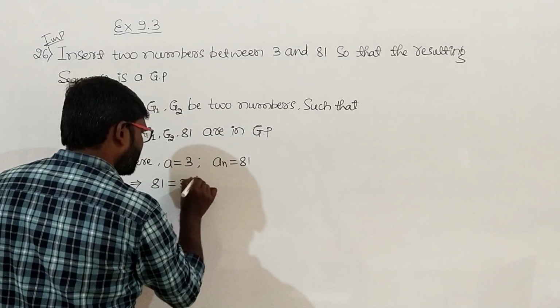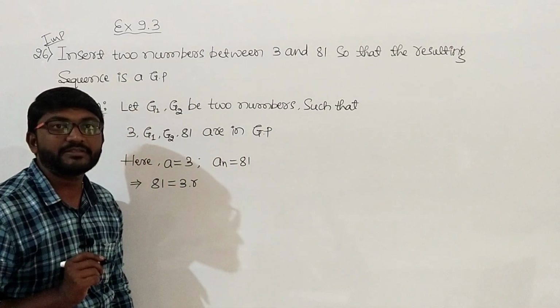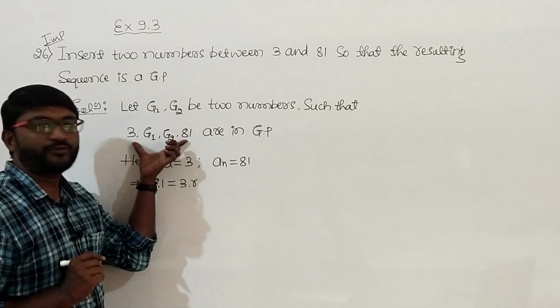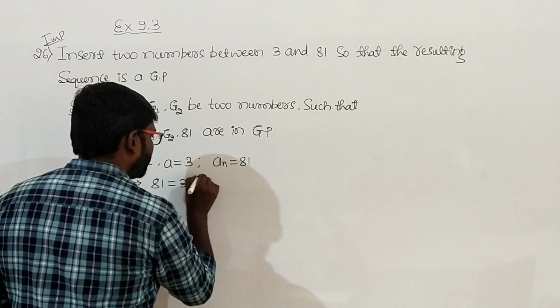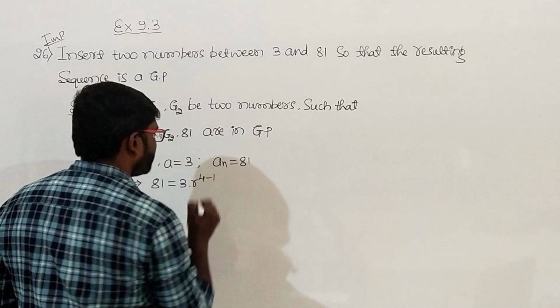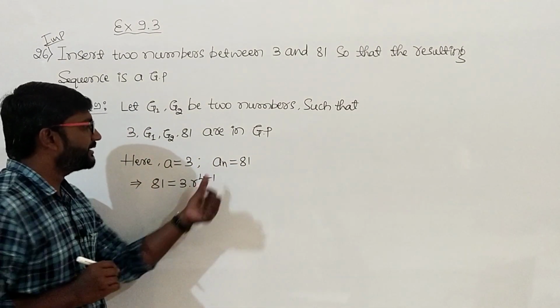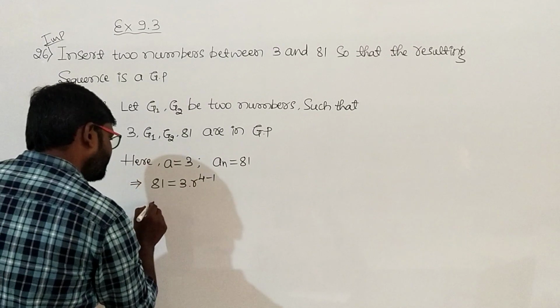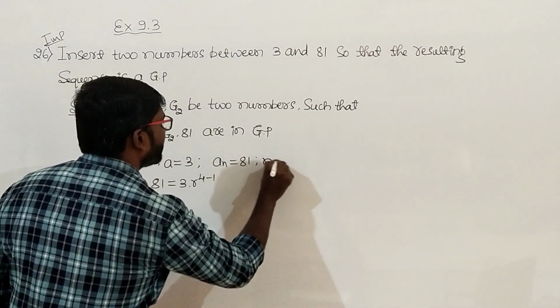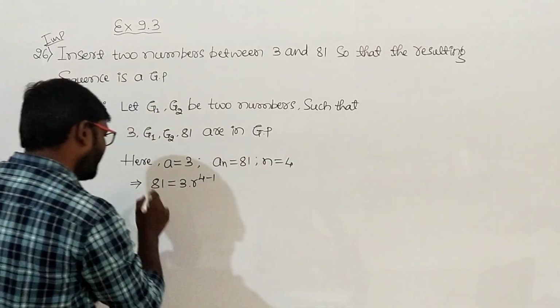What is n here? There are 4 terms, so we get 4 minus 1. So an equals a into r raised to n minus 1, and we write n equal to 4 here.